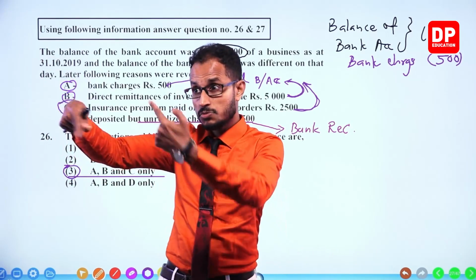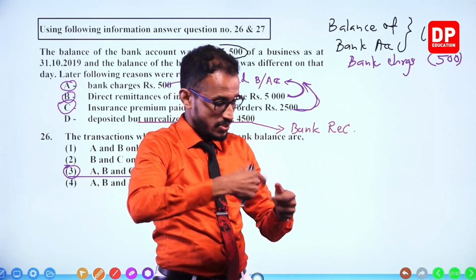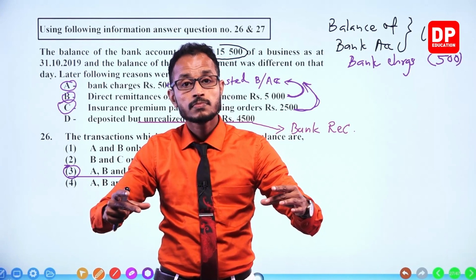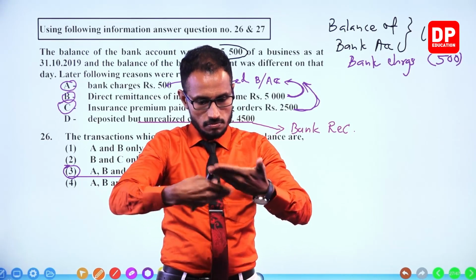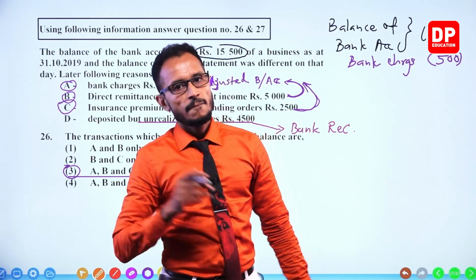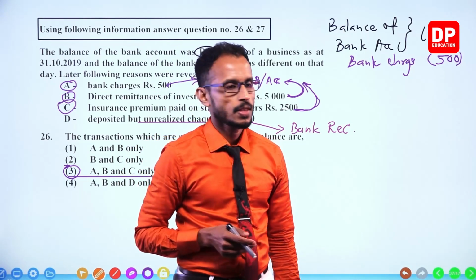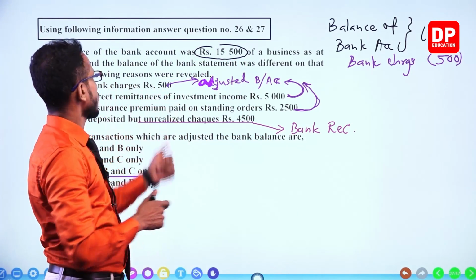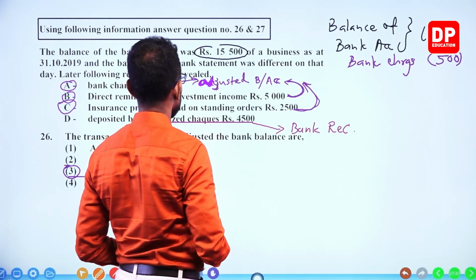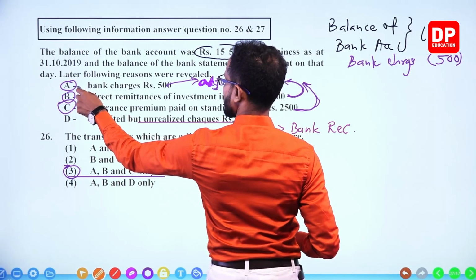When the statement comes from the bank, we open the envelope, take out the statement and see the bank charges that they have taken should be deducted. Now this is recorded. This is done.